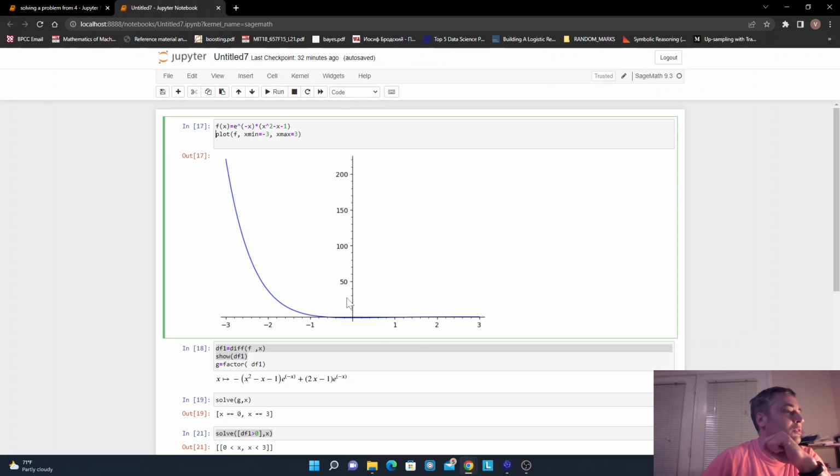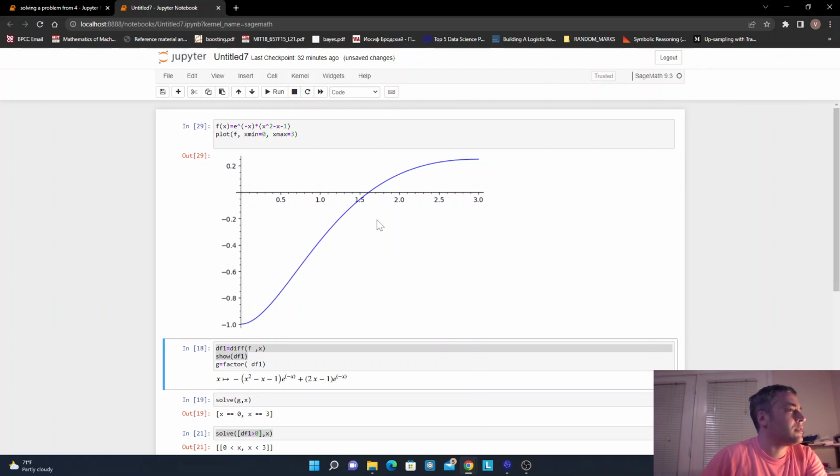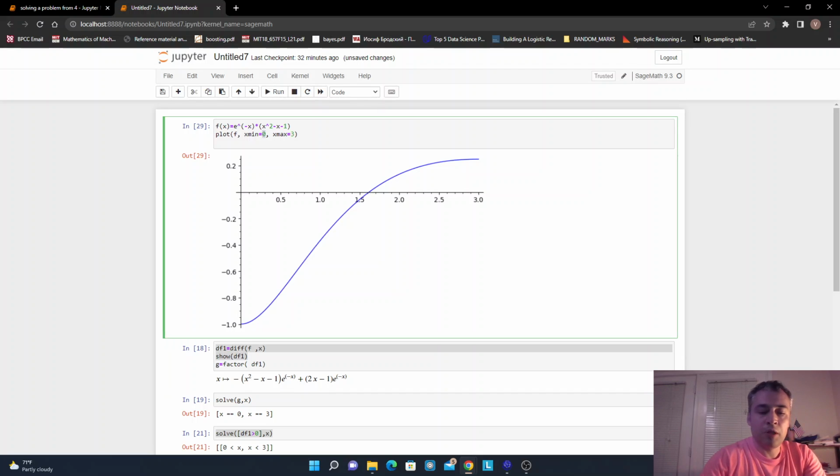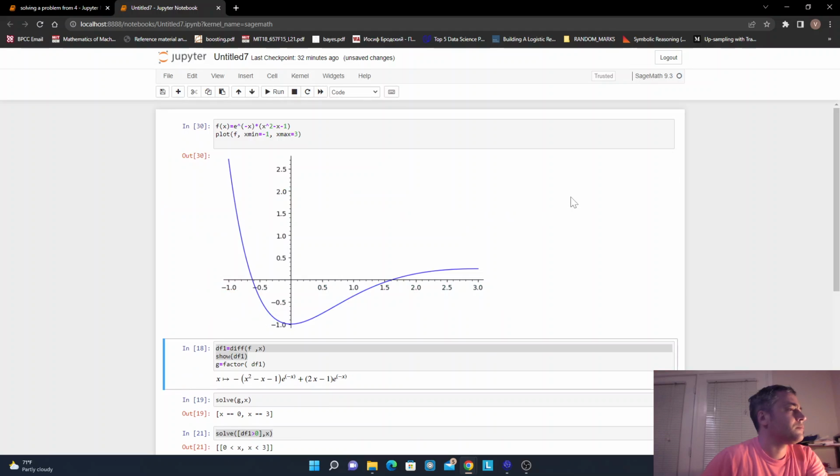How about I change my window and rerun this? Aha! So you see it has been negative and positive. So how about we try this? Interesting. So we have two intercepts, and actually we have our function becoming negative for a spell.